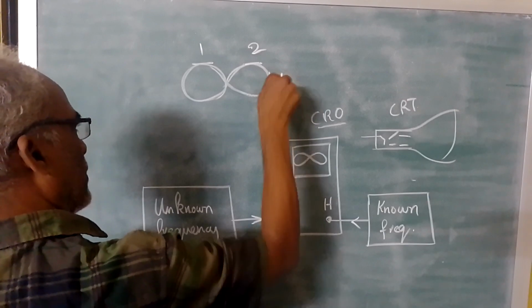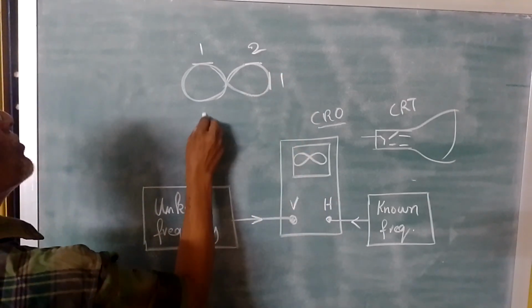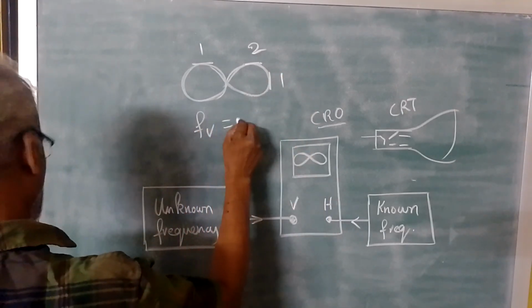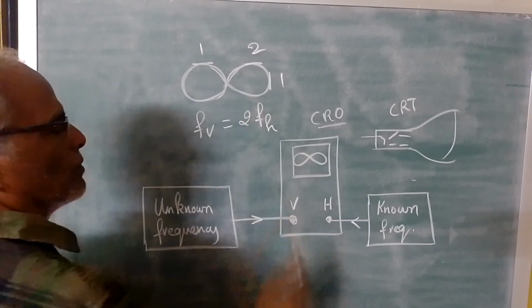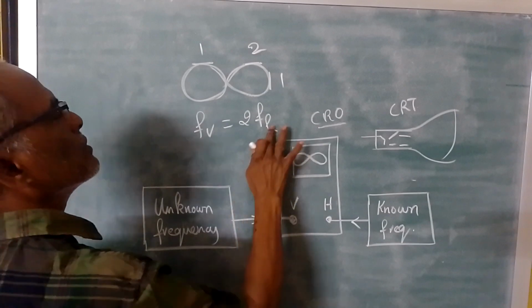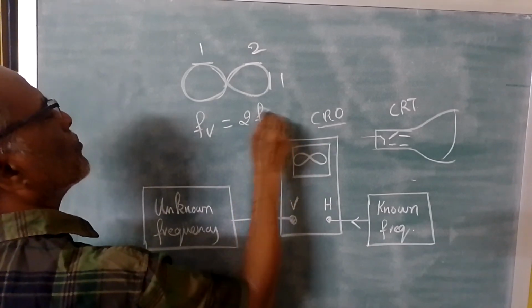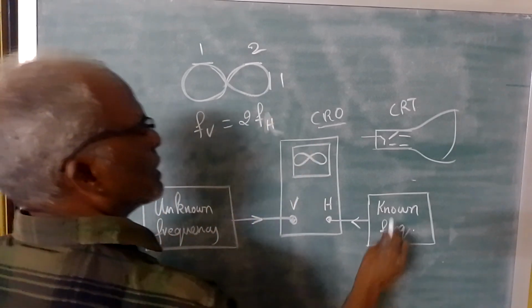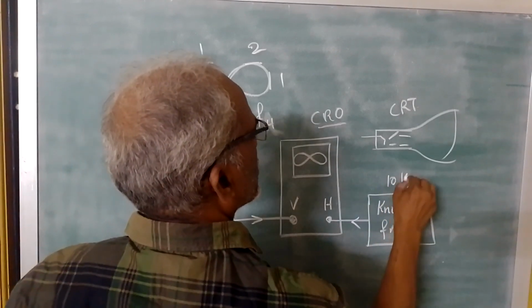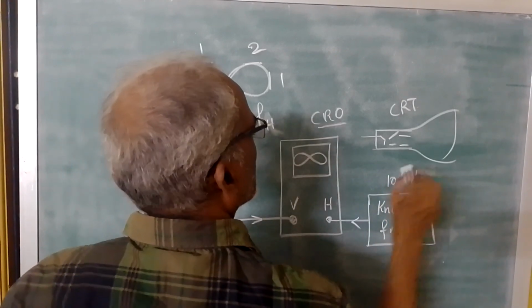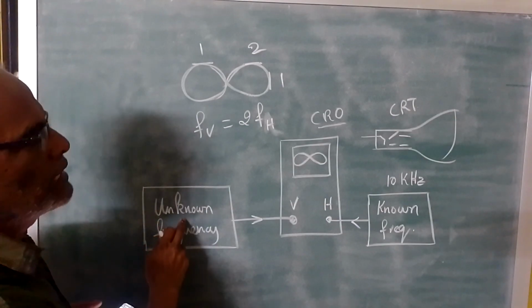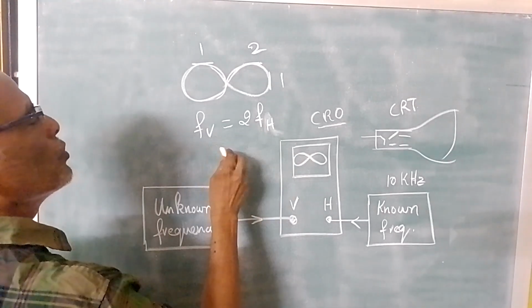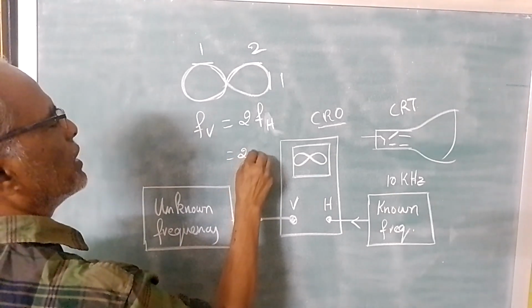Here the vertical frequency is equal to twice the horizontal frequency, FH. That is, if this is 10 kilohertz, then the vertical frequency, that means the unknown frequency, is 10 into 2, that is, 20 kilohertz.